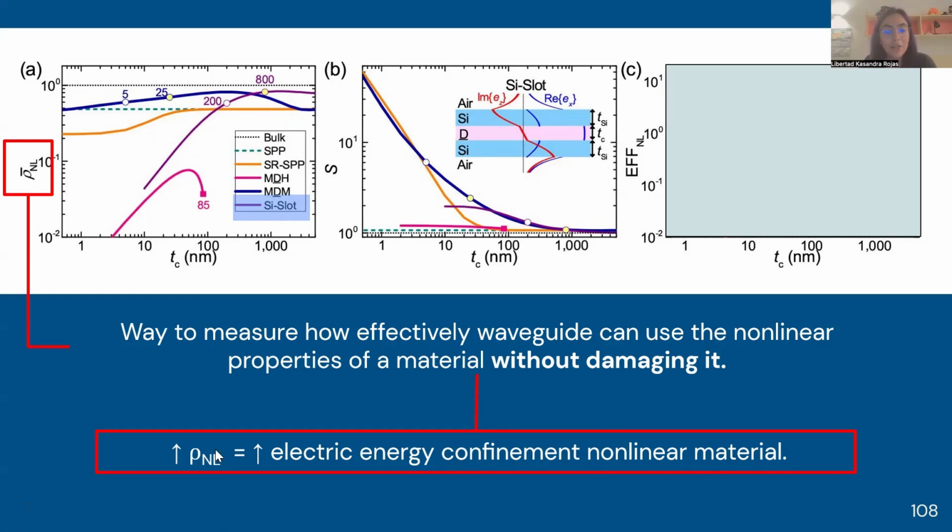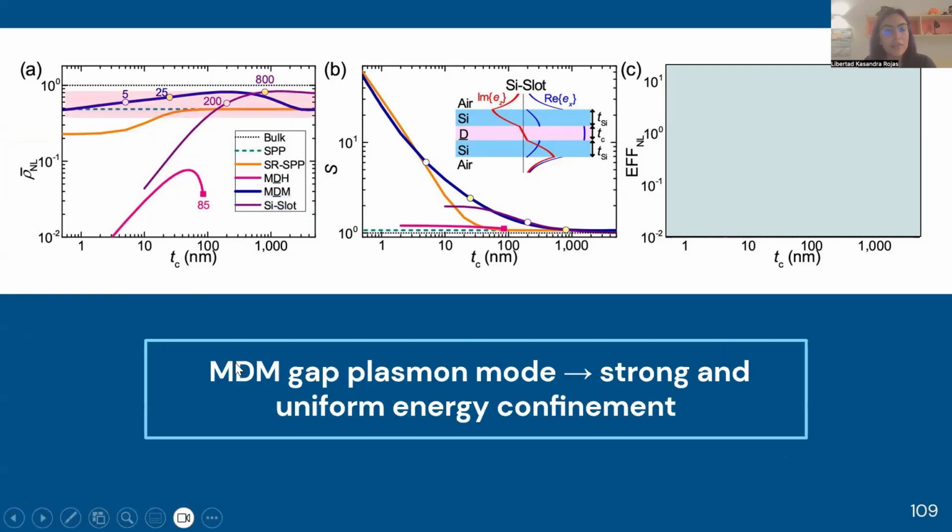A high rho value means that you have a high electric energy confinement in the nonlinear material. Once again, we can see that our MDM waveguide or MDM gap plasmon modes are really good in terms of rho. Even when you squeeze the electric field into the nonlinear material in our waveguides here, you get a really good value of rho.